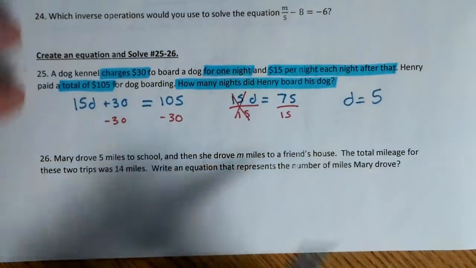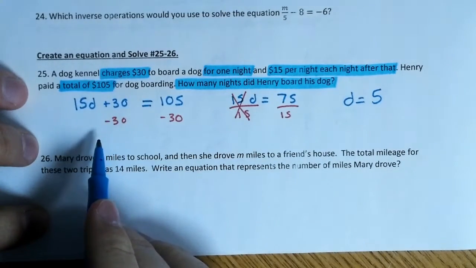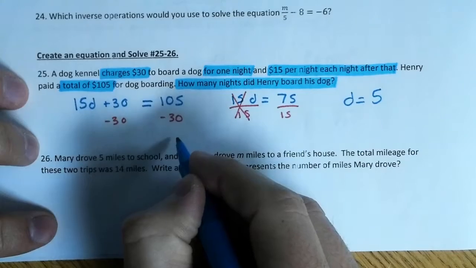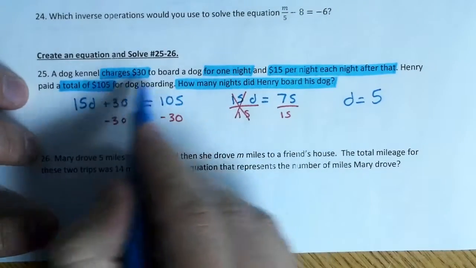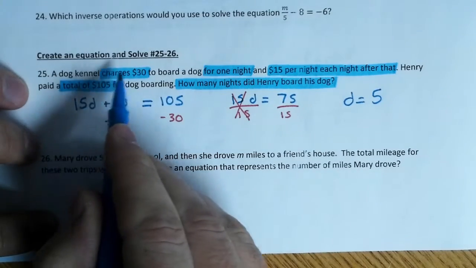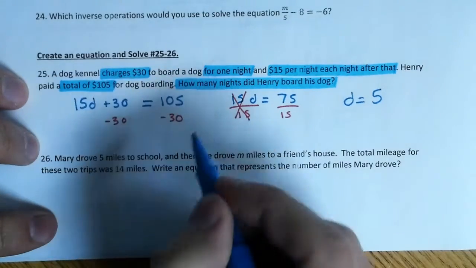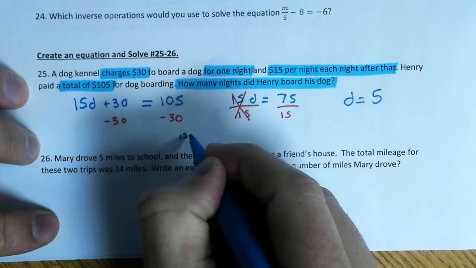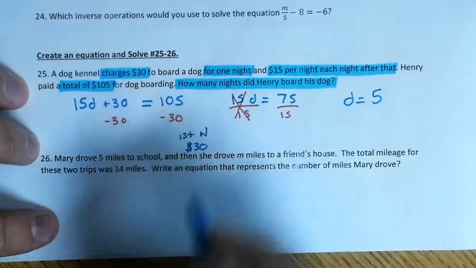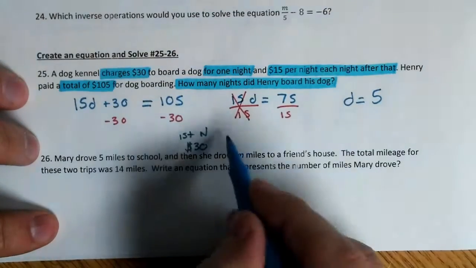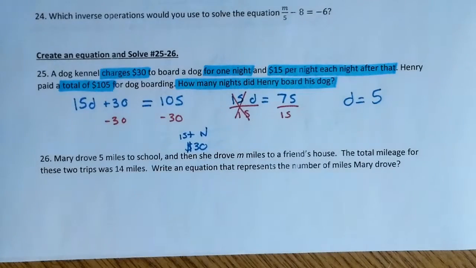Okay. So, think about this. The first night was how much money? $30. It says it right there. The dog kennel charged $30 to board a dog for one night. So, the first night was $30. Correct? Now, every night after that is $15. How many nights did he stay after that?